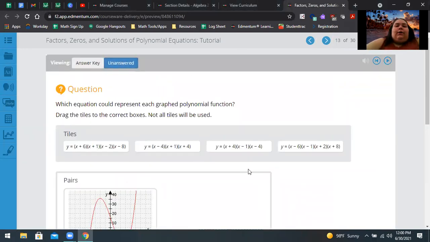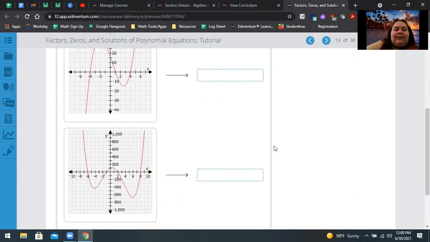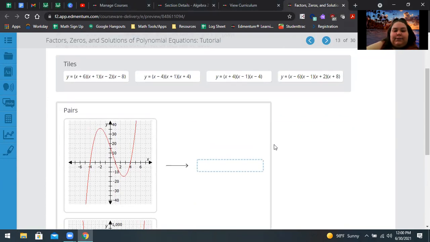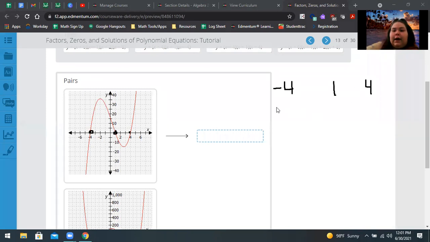So we're going to go ahead and match the tiles here. By looking at the graph, make sure you list out all your x-intercepts. So for the first graph, you have it touching at -4. So we'll write it out here, -4, and then at +1 and +4. So right there, you have 3 zeros.